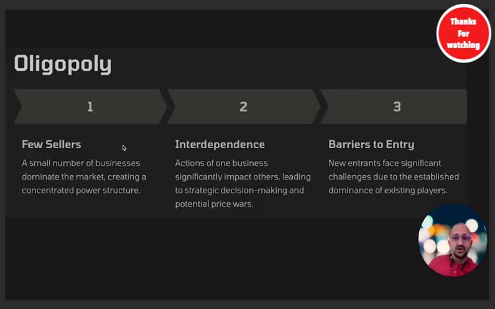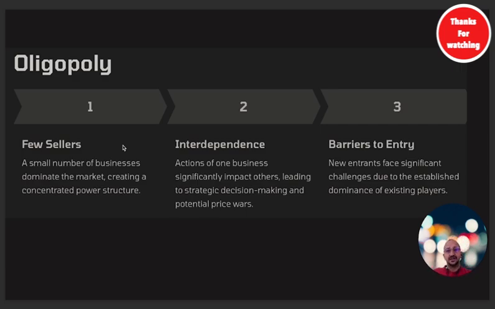If today Swiggy decides to give 50% discount to its customers, Zomato has no option but to give the discount too, because its decision making is completely dependent on what the other company is doing. If Swiggy is giving 50%, even Zomato has to give. If not 50, then 51, 52, so that they can compete.